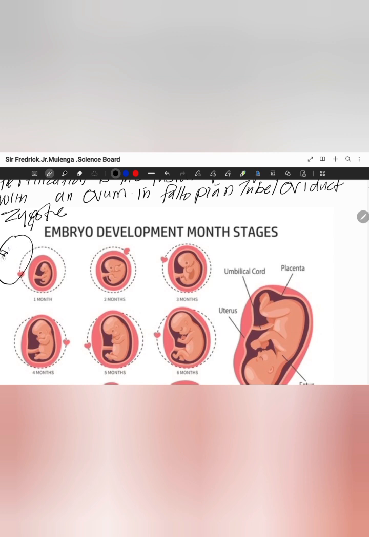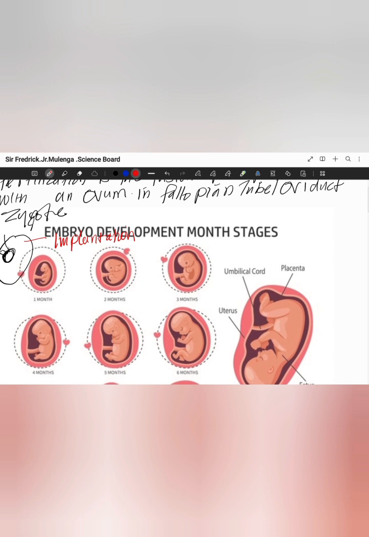When it attaches itself to the walls of the uterus, this process we call implantation. So implantation is the process in which the organism after fertilization attaches itself to the walls of the uterus. Then the development will begin.